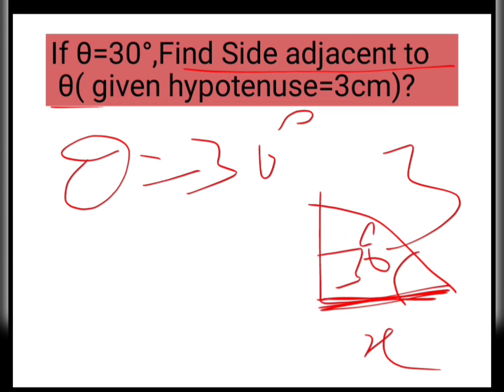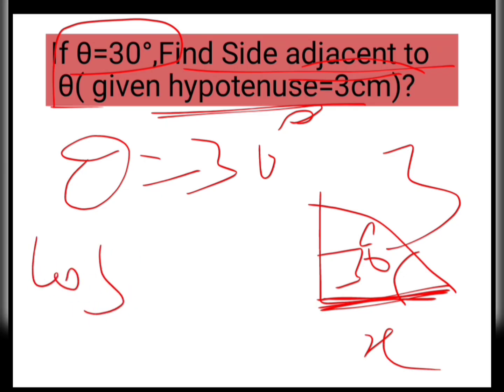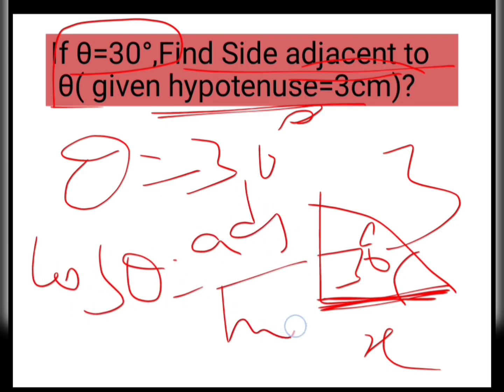What formula strikes your mind when the adjacent side is asked, and hypotenuse and angle theta are given? Adjacent side by hypotenuse is cos theta. So let's use the formula cos theta is equal to adjacent side by hypotenuse. Here theta is given as 30 degrees. That means cos 30 degrees is equal to adjacent side by hypotenuse.